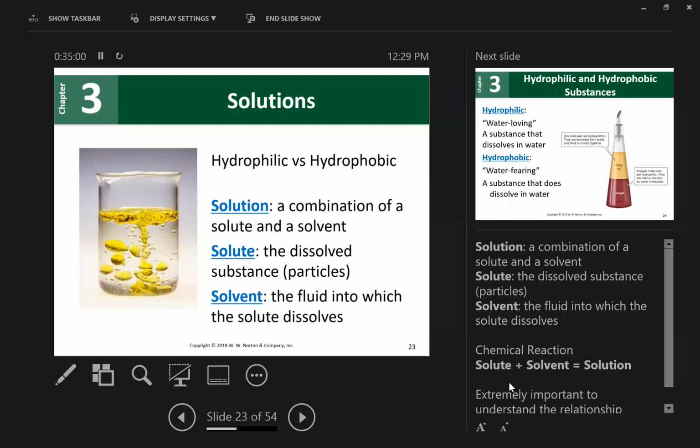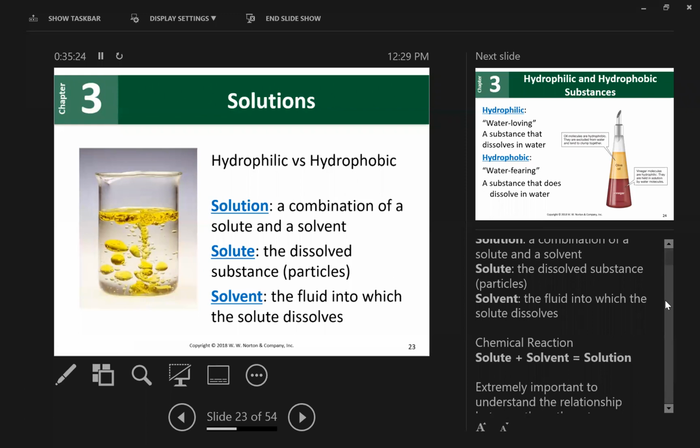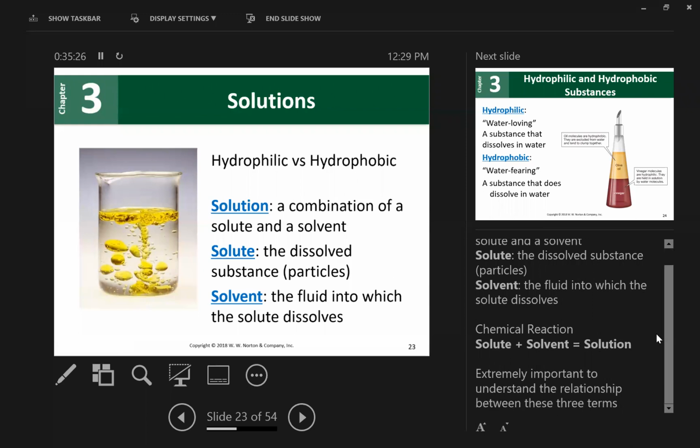You have your solvent, which is the liquid that's taking on that dissolving. And those are your products. They go through a chemical reaction and you have a solution, which is going to be the combination of your solute and solvent. So again, this is a very important relationship to understand.